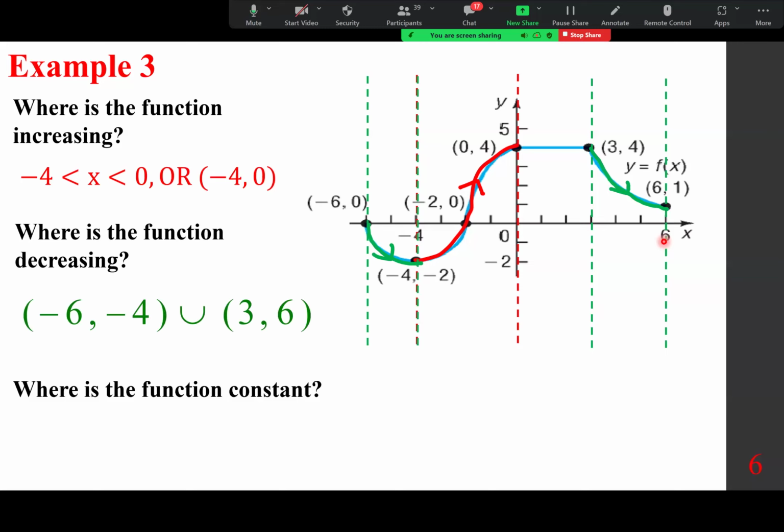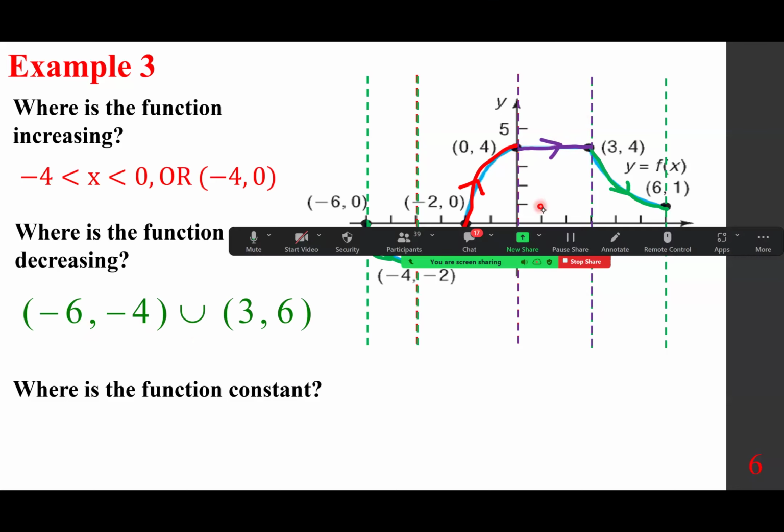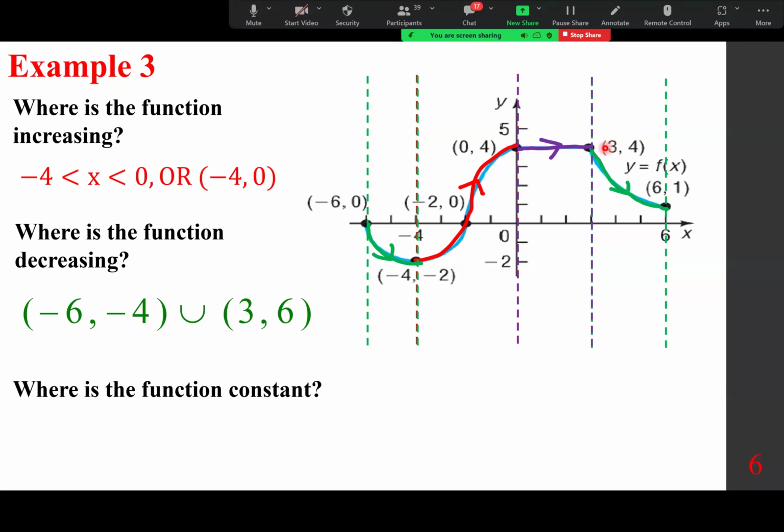So union between the two. From -6 to -4, union 3 to 6. Where is the function constant? Right here. From this number to this number. From 0 to 3.